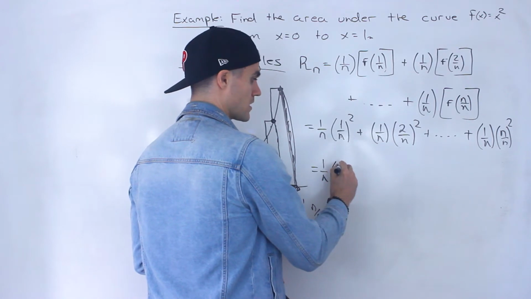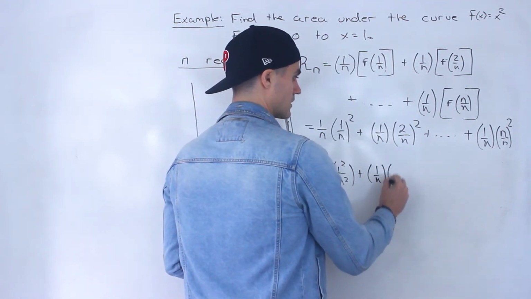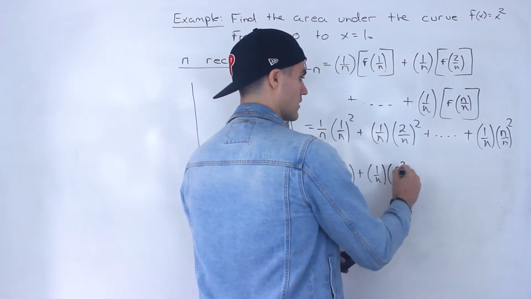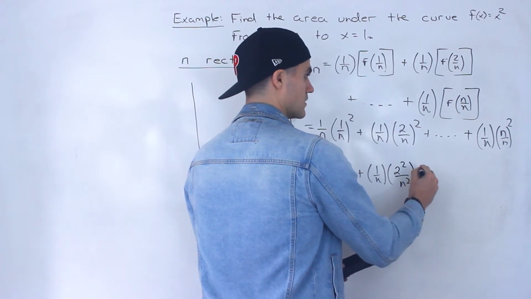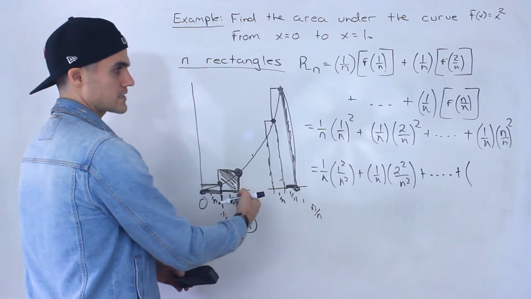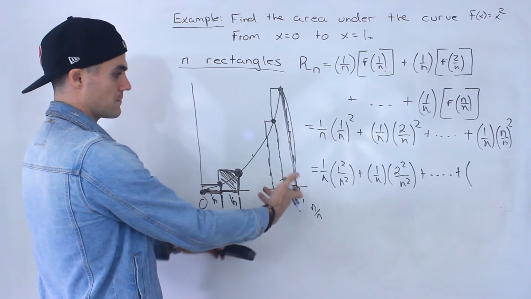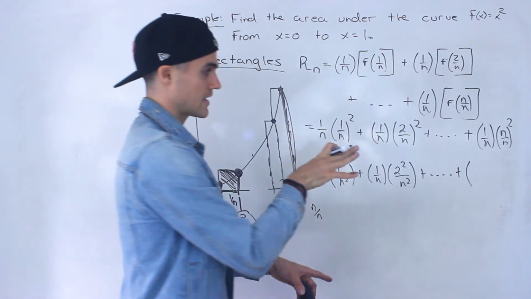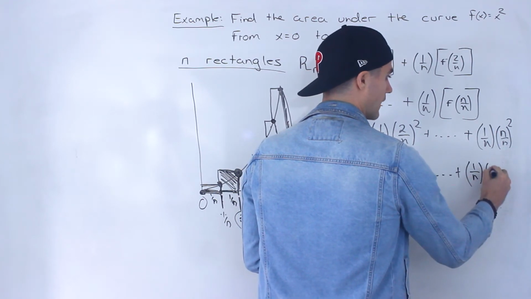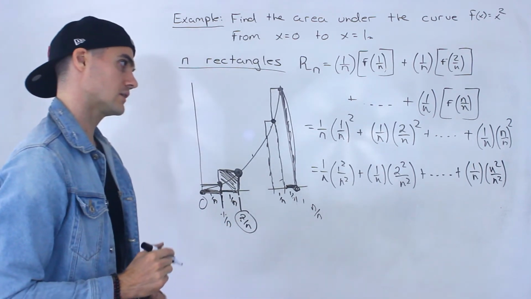So this would be 1 squared over n squared plus 1 over n, and then this would be, let's not write 4, let's write 2 squared over n squared plus dot dot dot, they're still inclusive, but not writing expressions for them, all the way to the last rectangle, which is going to be 1 over n, and then we'll have n squared over n squared, like that.